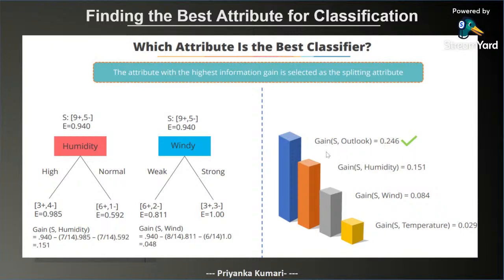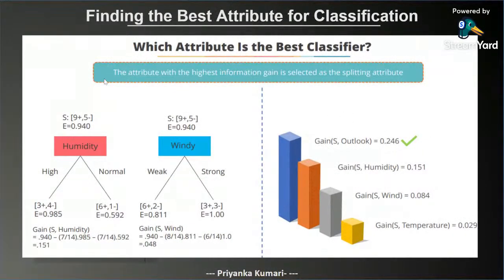Here, after calculating the information gain for outlook, humidity, wind, and temperature, we see that the highest value is 0.246 compared to these values which are less. As the information gain of the outlook node is the highest, we will consider it as the root node, and like this we will keep finding the information gain, the test cases and the root node, and then the decision tree would be built.